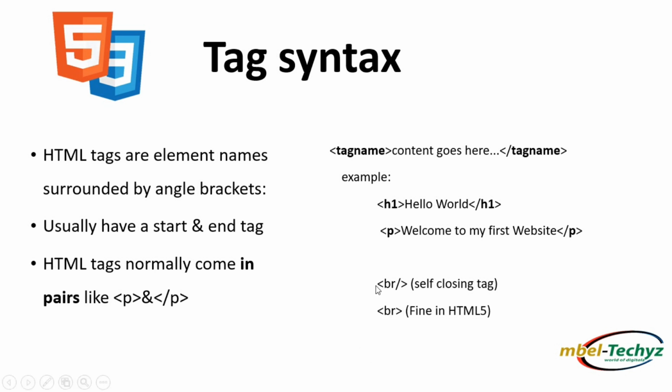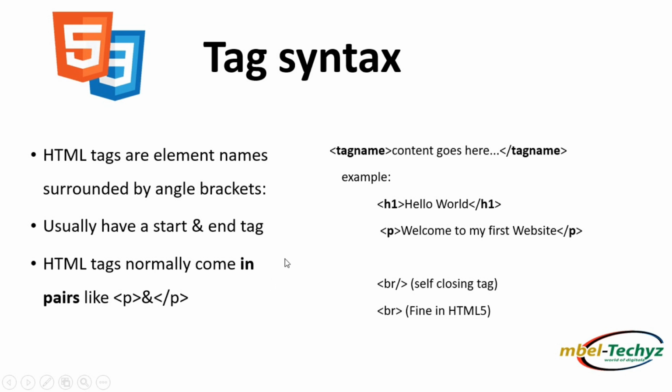HTML tags are element names surrounded by angle brackets, usually having a start and an end tag. HTML tags normally come in pairs, the way we have it here. This is the start tag and the end tag, and this serves as the paragraph tag.